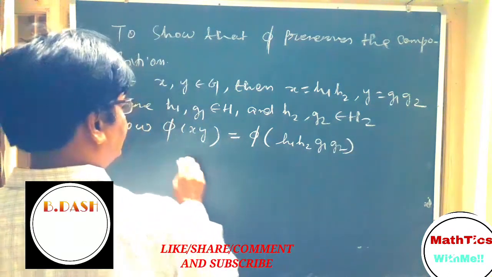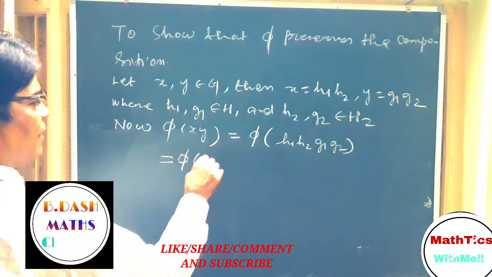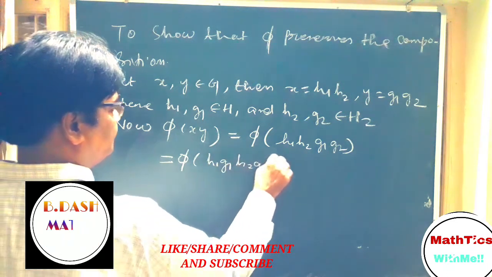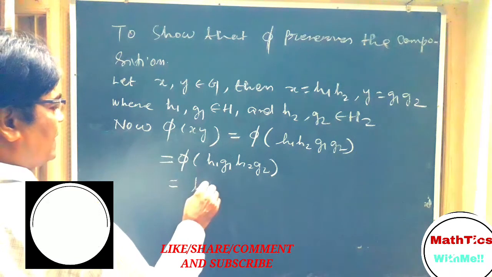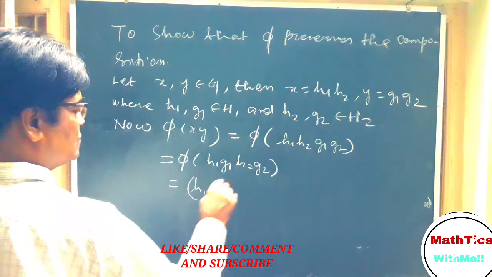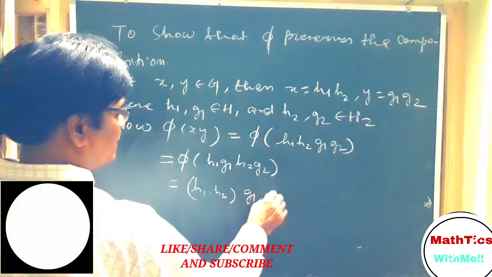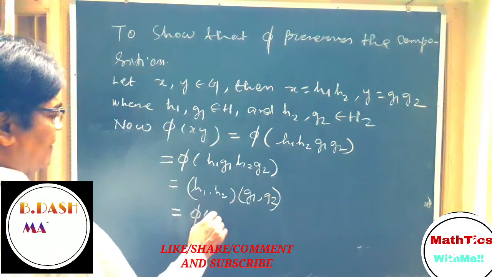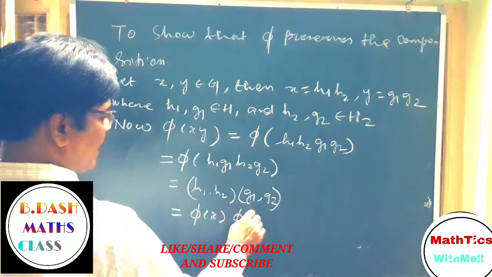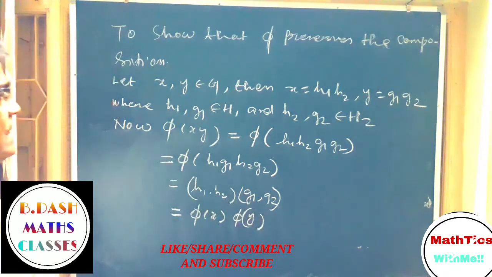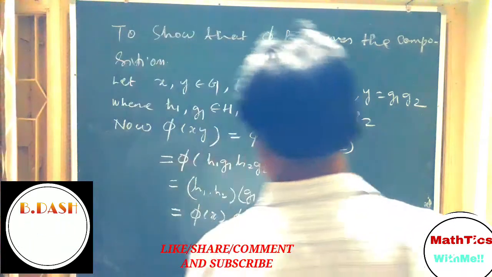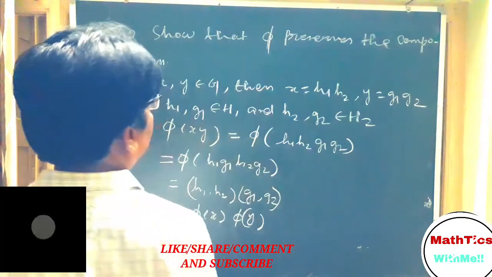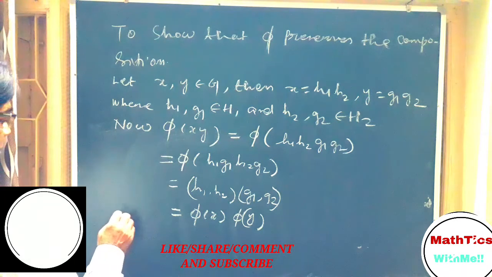This we can write phi of h1 g1 h2 g2. This we can write (h1, h2)(g1, g2). This we can write phi of x, phi of y. So we are getting phi of xy is equal to phi of x phi of y. This shows that phi preserves the composition.